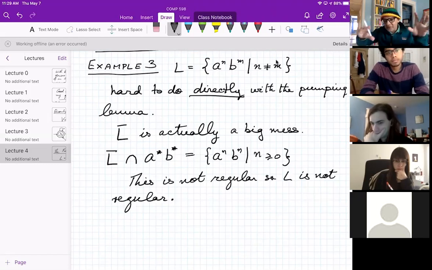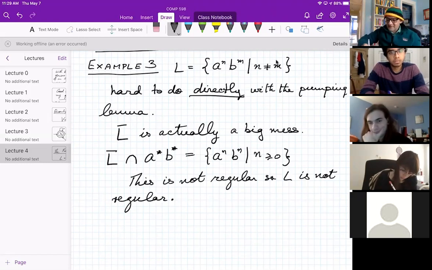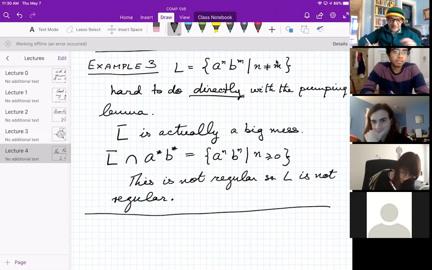Sometimes you have to do a bit of Boolean algebra and then do another pumping argument. So you do the Boolean algebra to massage the language into a form for which it is easy to do pumping. So this one, it was so easy that by doing the right kind of Boolean algebra, we got a language that's like in your face, not regular. But not everything is so simple.